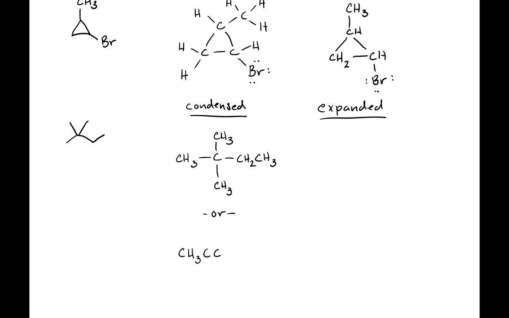Alternatively, I could have gotten rid of the 2 bonds along the row of carbons there, because this will still mean the same thing to anyone who's looking at it. However, I really need to show those bonds to the carbon above that chain and the carbon below the chain. Otherwise it'll be vague. The expanded structure, as we can see, is going to be a bit of a mess because all those hydrogens would need to be shown.